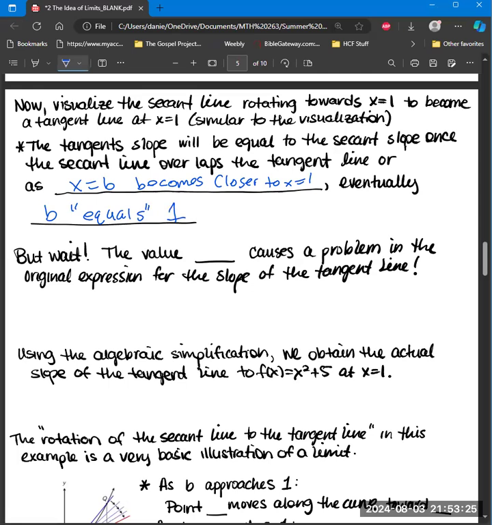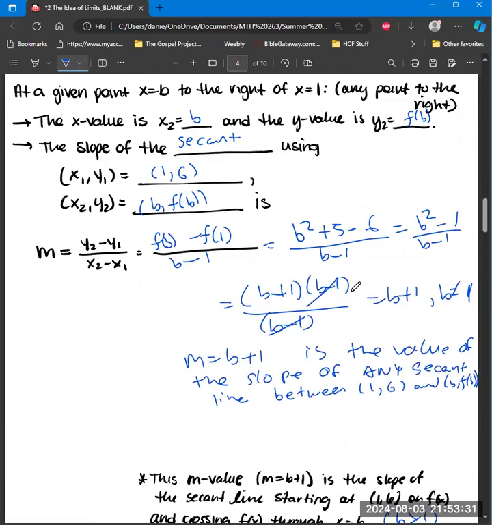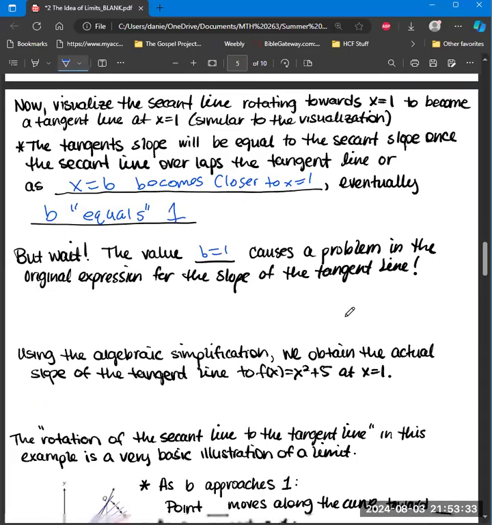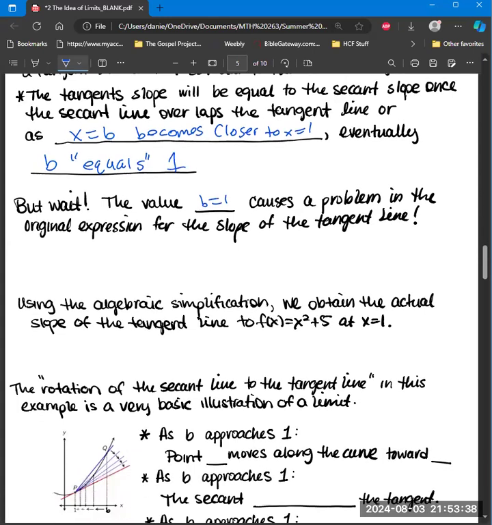The value of b equals 1 causes a problem in the original expression for the slope of the tangent line, because we will be dividing by 0, right? Even though we canceled it out. So let's look again here at m equals b squared minus 1 over b minus 1, which is undefined at b equals 1.